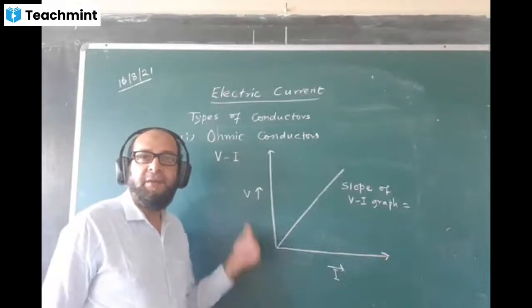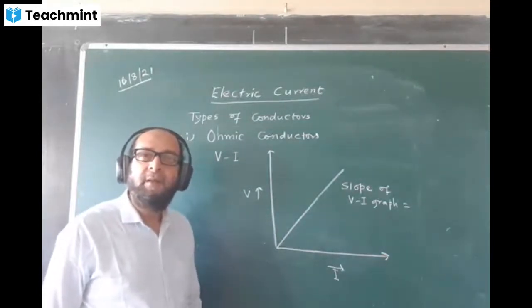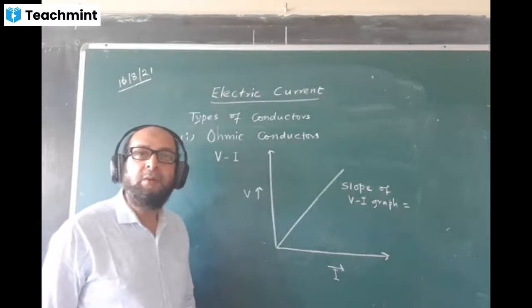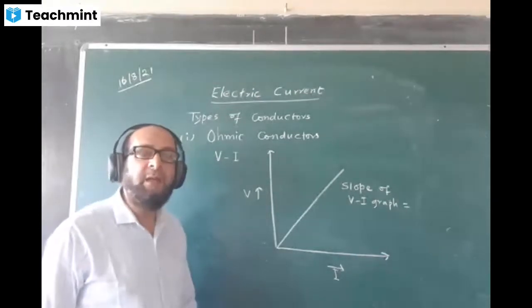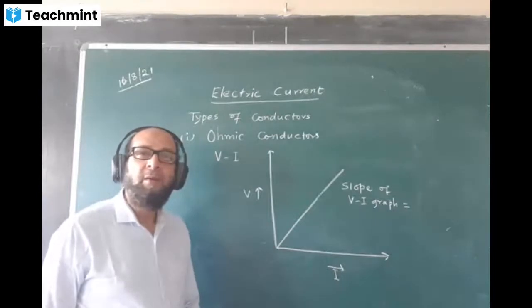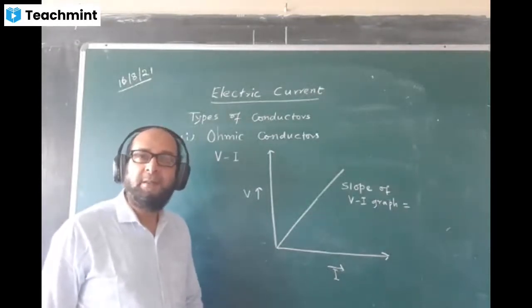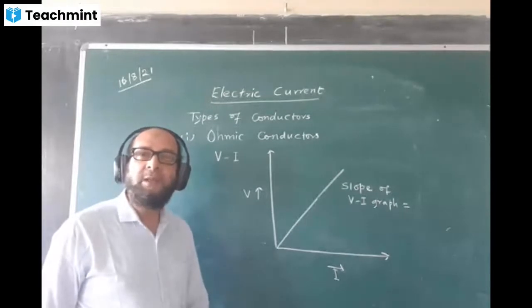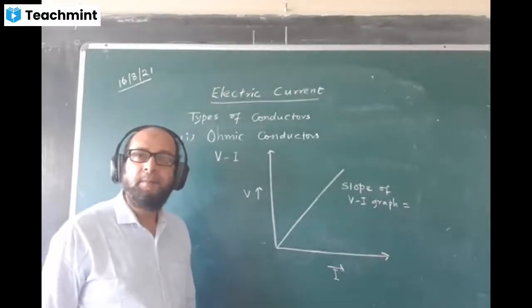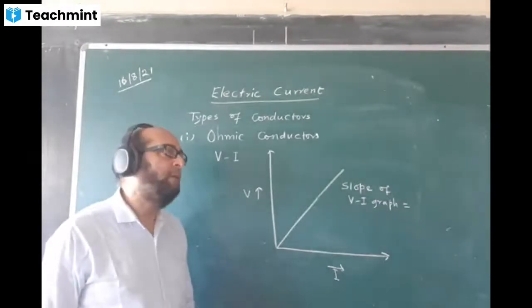When you divide V by I, what are you going to get? You get the slope, but what does it represent? What does the slope signify? At how much degree it is bent? Angle.